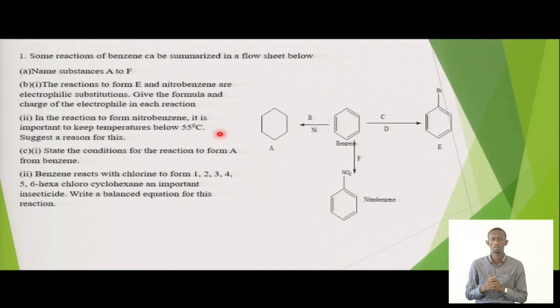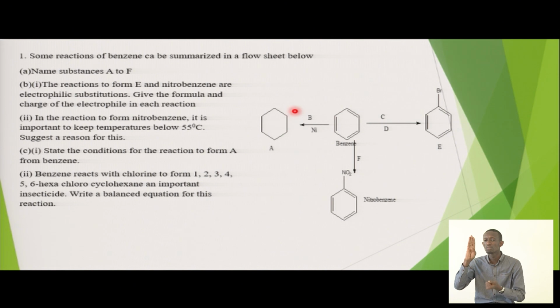So we're supposed to name substances A to F. So we start with substance A. So these are the solutions that we'll come up with. What is A? Which compound is this? We give the names. So this one doesn't have double bonds inside.